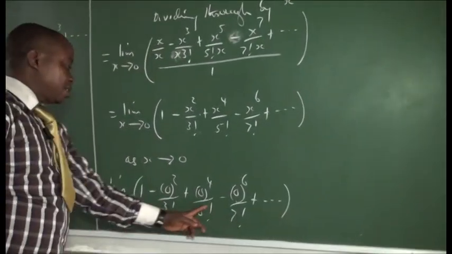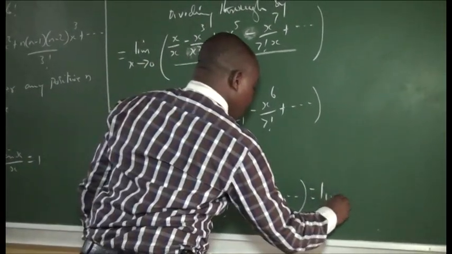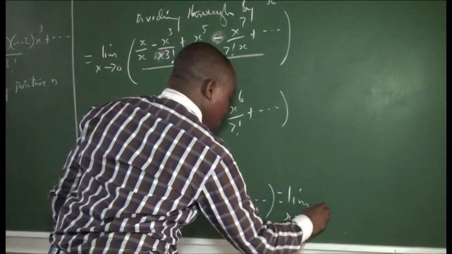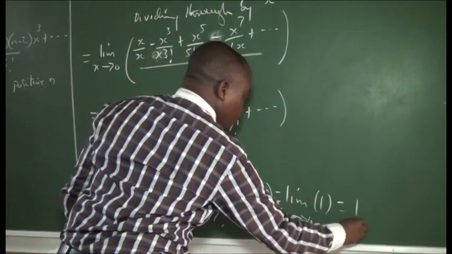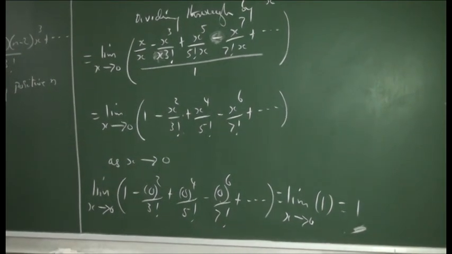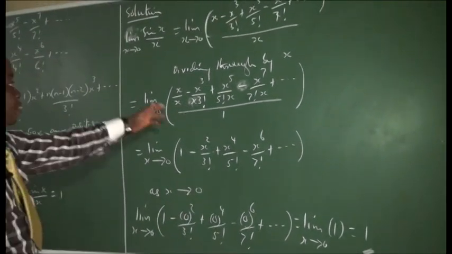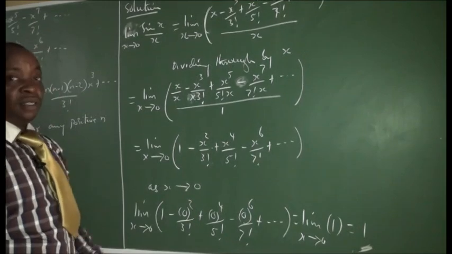Then everything here becomes 0. So we have the limit as x approaches 0 of 1, which is equal to 1. So we have been able to show that the limit of sine x over x as x approaches 0 is 1. Now, this is the expansion method of showing it.